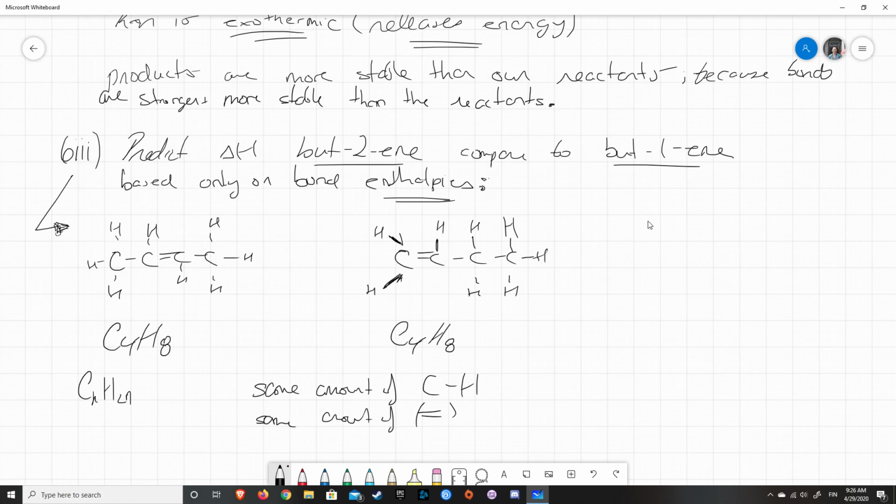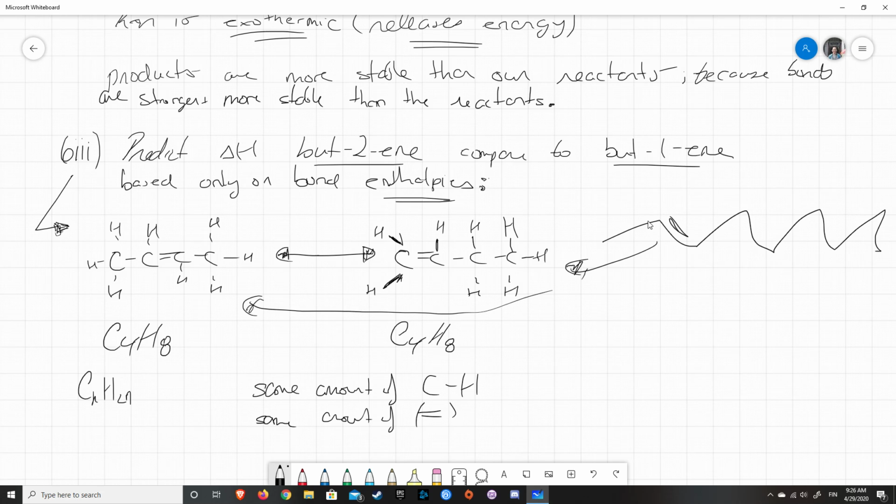So in this case, if we were just looking at the average bond enthalpies, average doesn't take into account the difference between these two. Average just says if we take any molecule, even a very long molecule, this double bond is probably similar to this one. But we know that as molecules change, if we had a chlorine group on the end, it's electron withdrawing, so we'd weaken that bond a little bit.